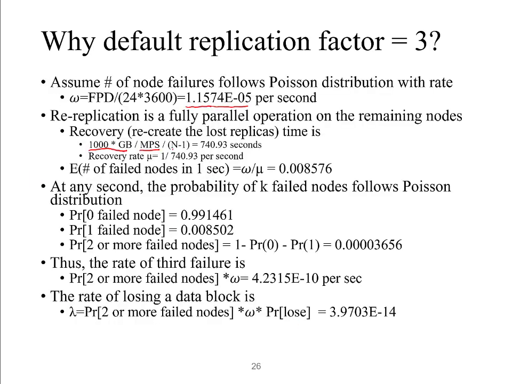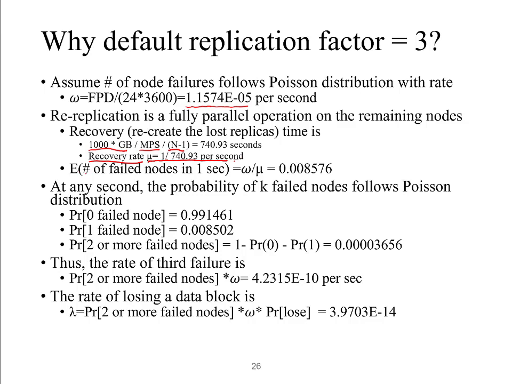And we have n-1 other nodes working in parallel, which gives us 740 seconds to recover one node. So the recovery rate, denoted as mu, equals 1 over the recovery time.